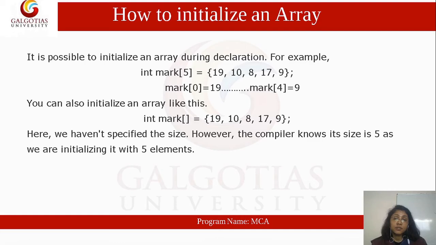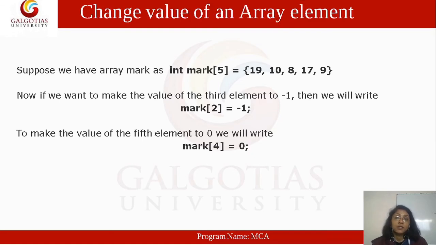You can also initialize an array without specifying size, without giving size in the square bracket: 19, 10, 8, 7, 9. In this case, the compiler will, depending on the elements with which you are initializing, assign the size.